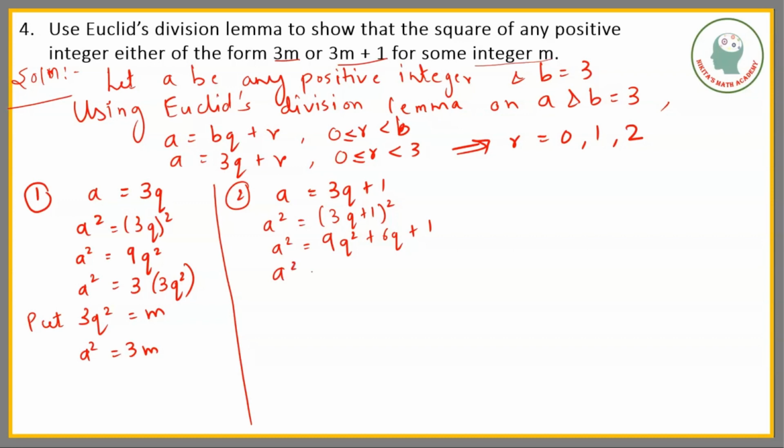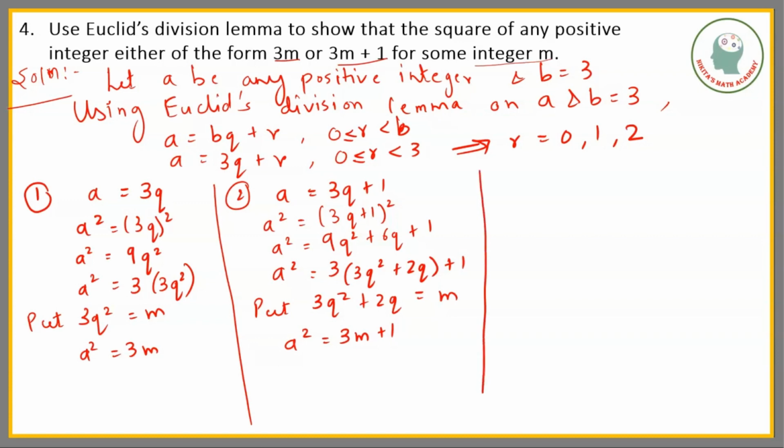Now taking 3 as common, we have 3 times (3q squared plus 2q) plus 1. We'll put 3q squared plus 2q equals m. Then we have a squared equals 3m plus 1.